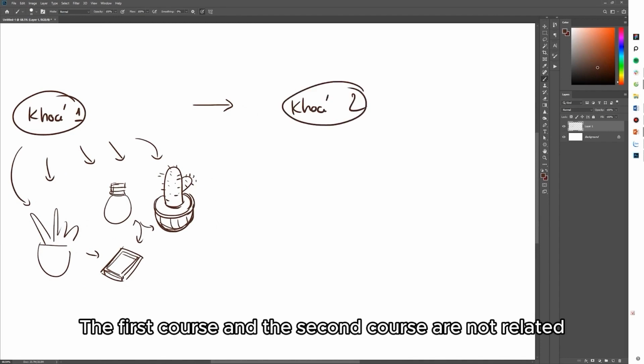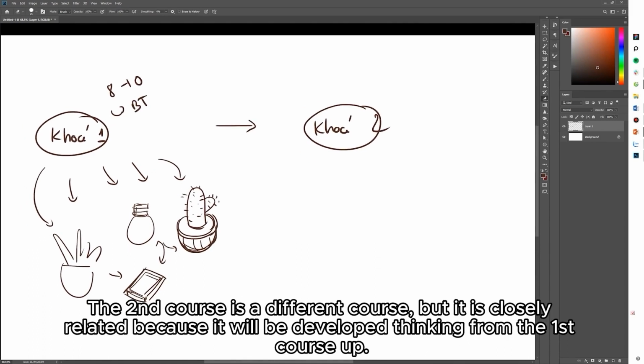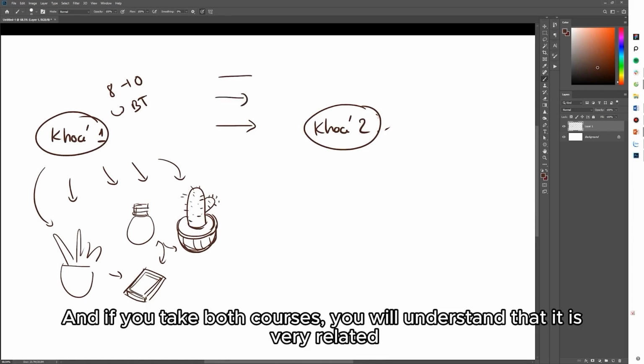The first course and the second course are not related. It means that in the first course, we study from 8 to 10 lessons and have corresponding exercises. The second course is a different course, but it is closely related because it will be developed thinking from the first course up. And if you take both courses, you will understand that it is very related.